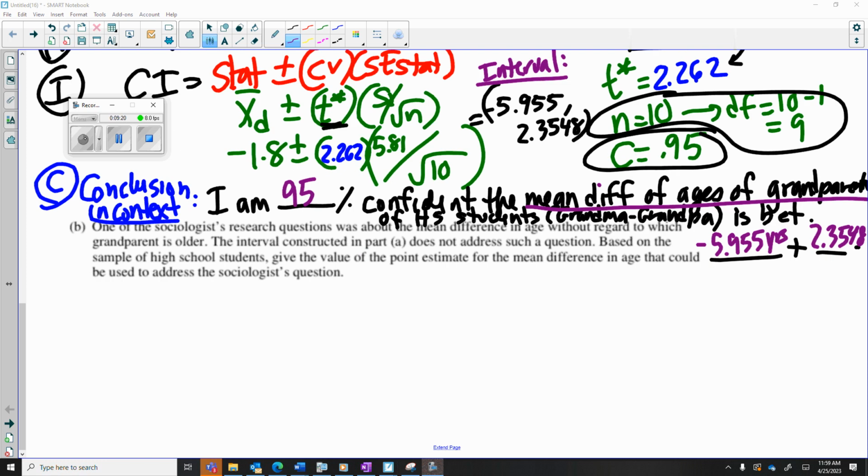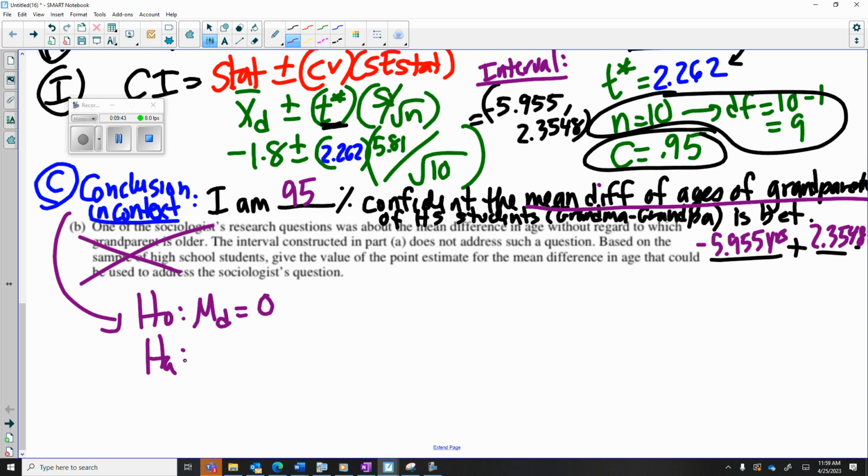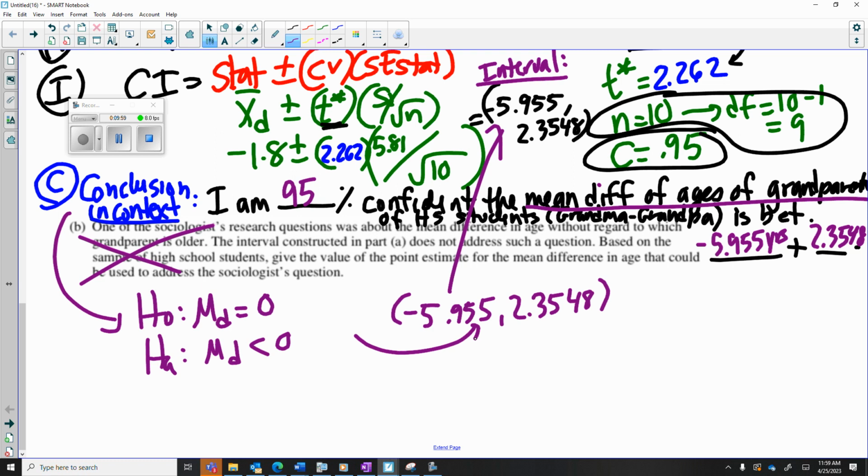I did not realize that this question was not asking what I wanted it to. I wanted to actually address, skip this for now. I wanted to actually have him address if the interval does significantly make a decision about which grandparent is older. And if we had tied this now to a hypothesis test, mu d equals 0, and mu d is not equal to 0, or whatever, if we wanted to do mu d is less than 0, because maybe we think that the grandma is always going to be less than the grandpa in age, what we see in our interval from above, which is negative 5.955 to 2.3548, is that 0 is contained in the interval.